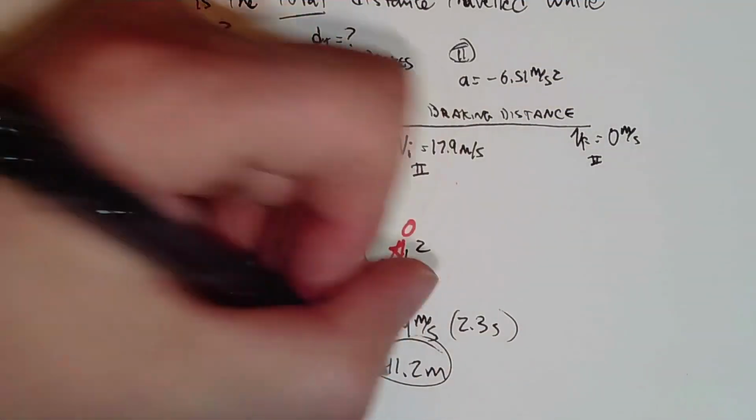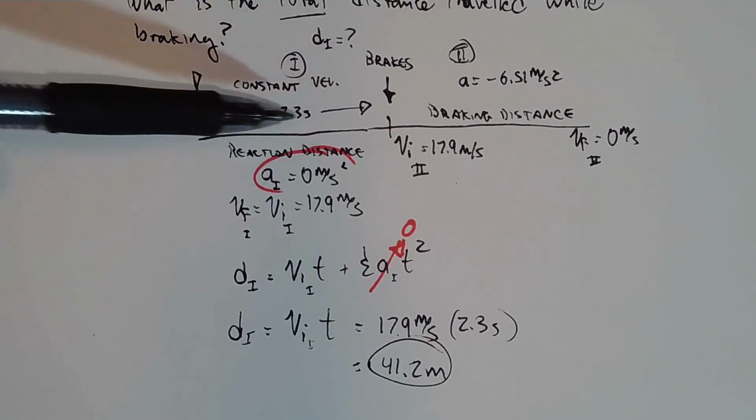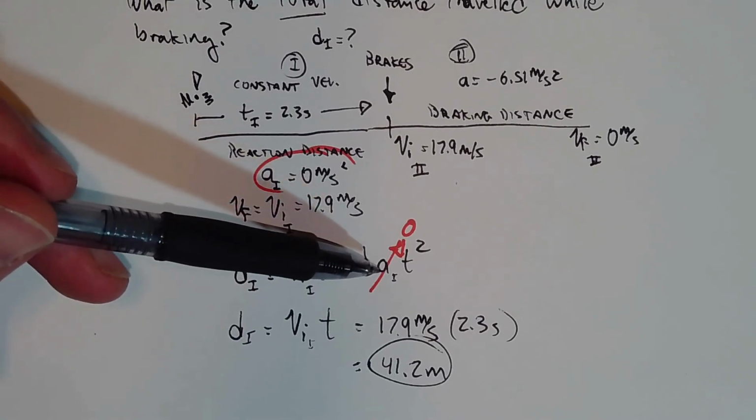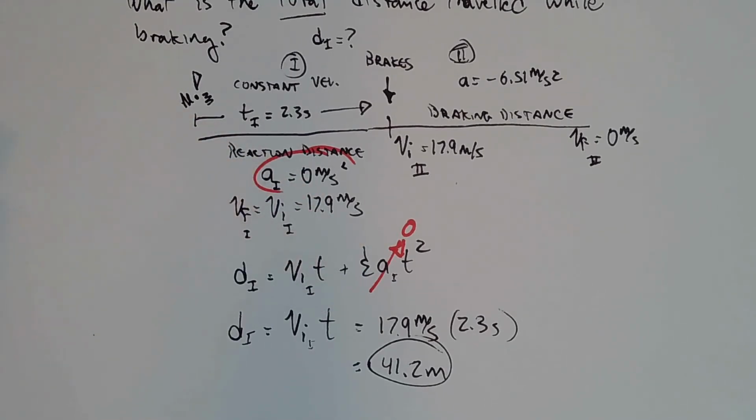So, just another application. A little bit of additional information. We saw that we can apply Velma. We can simplify Velma because there's no acceleration during the first part of the problem. And then we get this nice, straightforward equation for constant velocity.